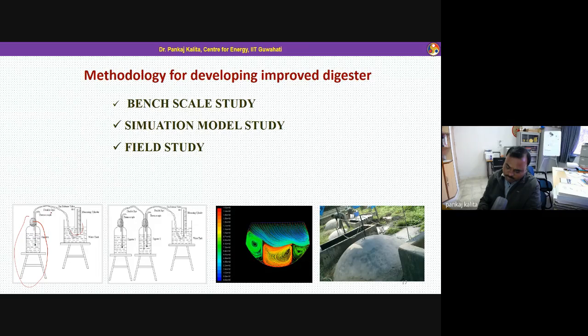So this is the thermocouple, and one pipe is for connecting to this measuring cylinder, because gas generated in this digester will come through this pipeline and it will occupy here, and it will slowly press it. Water displacement will be there, and by reading this graduated cylinder, we can know the amount of biogas production.